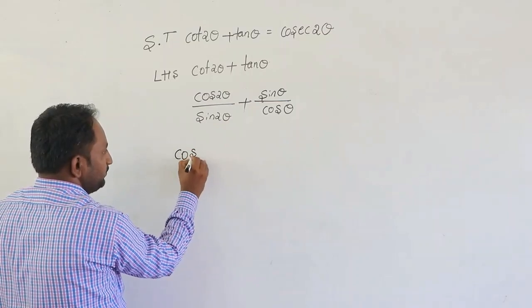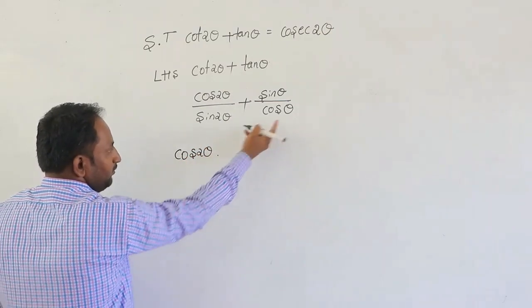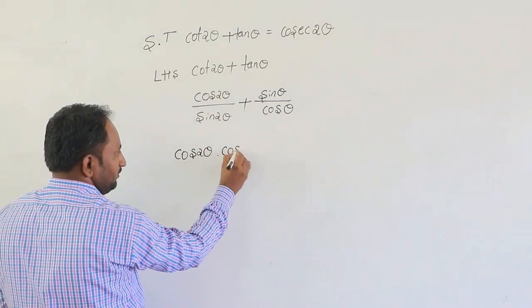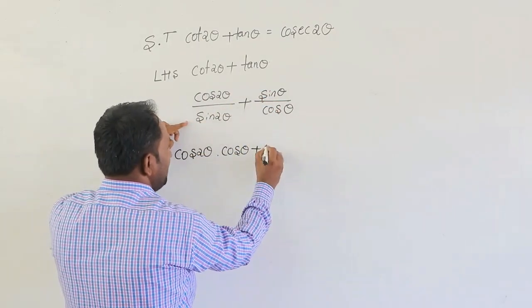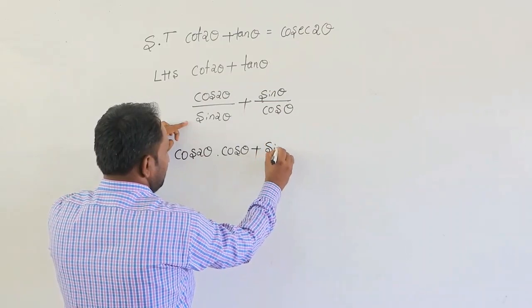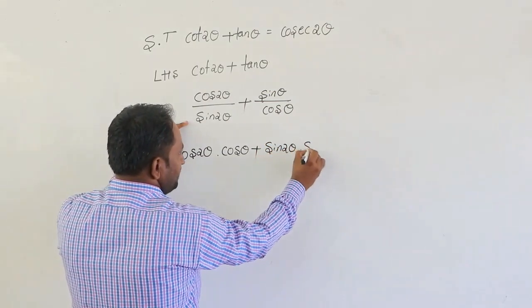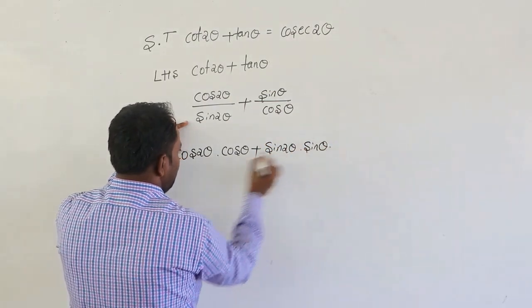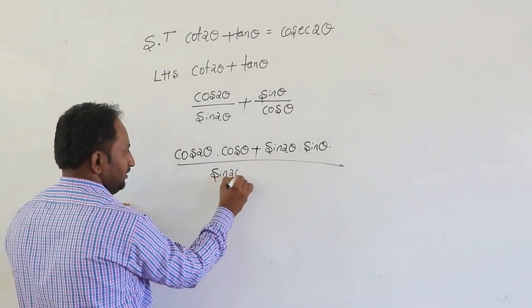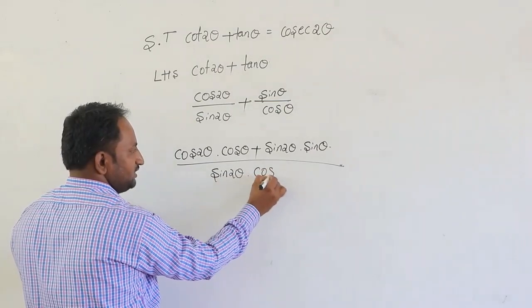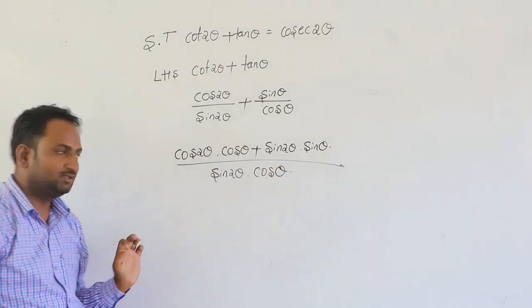Here, cos 2 theta into cos theta plus sin 2 theta into sin theta, divided by sin 2 theta into cos theta.